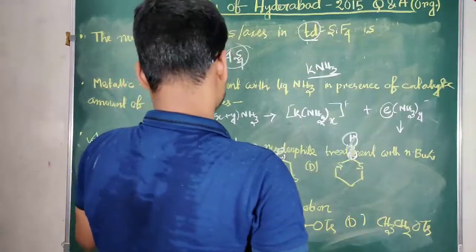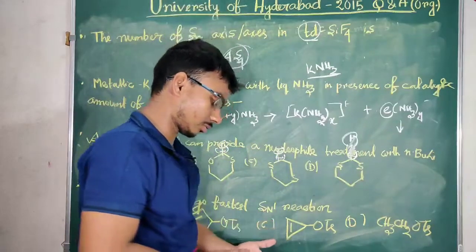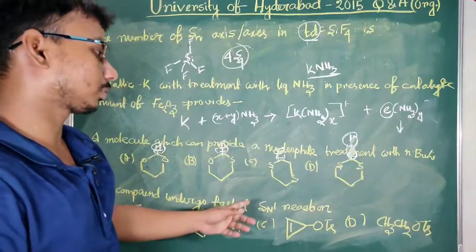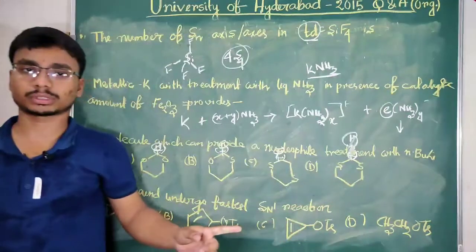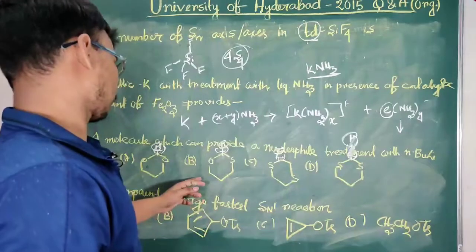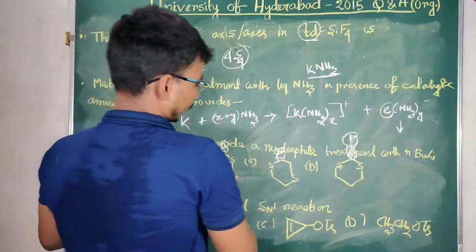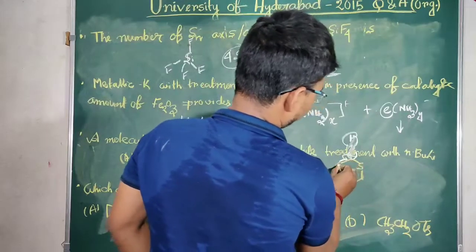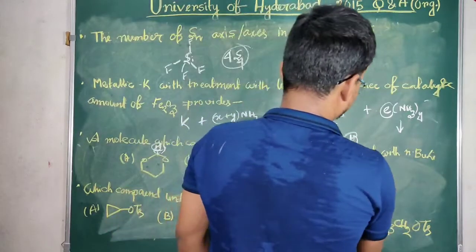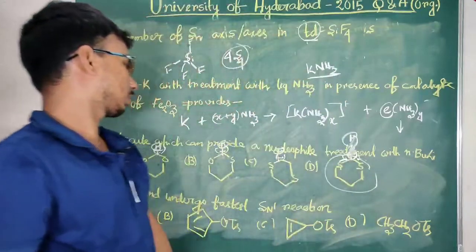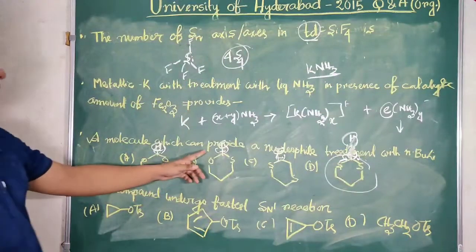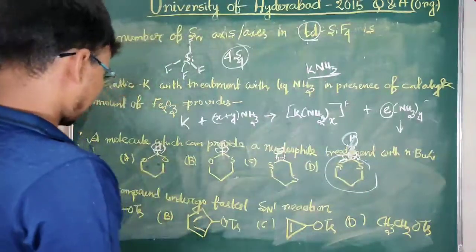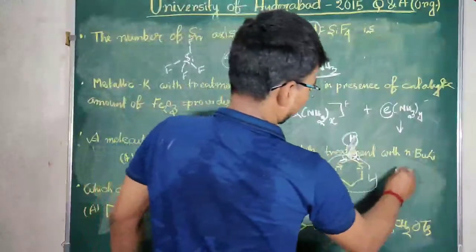Here oxygen, sulfur. At first you determine between oxygen and sulfur which is more polarizable. Obviously sulfur, because of its size and 3d orbital presence. So this is eliminated, this is also eliminated, this is also eliminated, and this is, because it can easily be polarized here and here also, the most stable nucleophile. So it will be the answer.